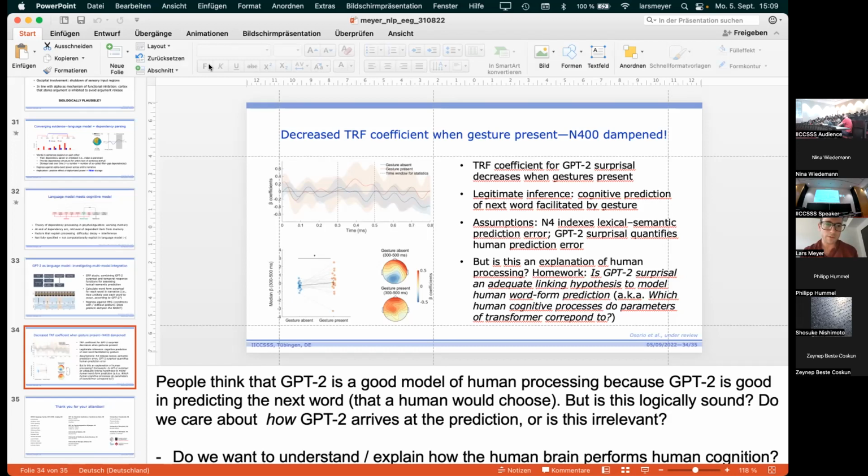There's nothing wrong with using fancy models, but using them without actually understanding how they work just limits the explanatory content. Here it was about gesture processing, and in the paper draft it's all about gestures and how they facilitate lexical semantic processing. But lexical semantic processing is just a cipher there. And when someone would ask, oh yeah, what do you mean by that? I would go like, oh shit. No.